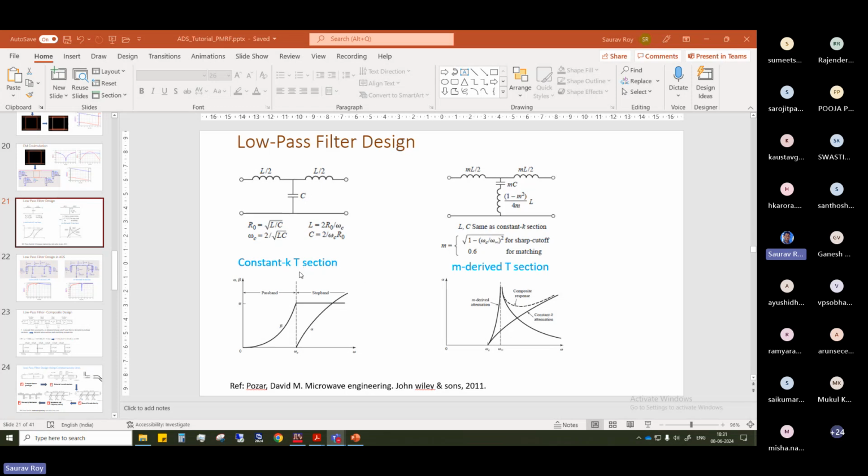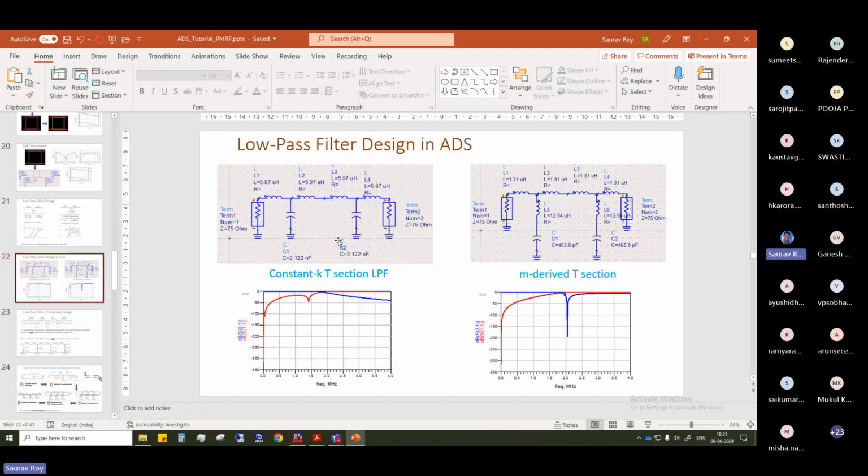If you remember the design steps and the alpha beta plots with respect to frequency looks like this that we have discussed, and there were some problems, because there was not a good roll off, we needed another pole near the cutoff frequency, and that will generate a good roll off, right? And that was called M derived low pass filter. Okay, and the circuits look like this.